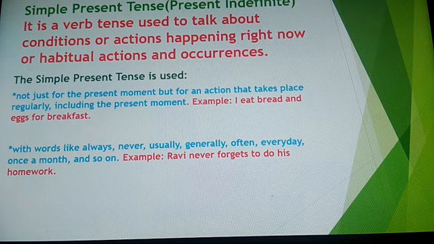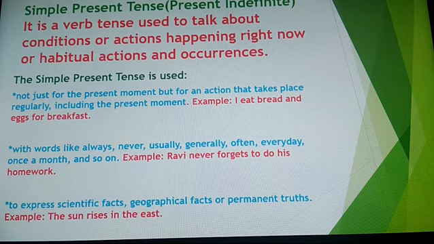And now another use. Simple present tense is used with words like always, never, usually, generally, often, every day, once a month, and so on. Example: Ravi never forgets to do his homework.